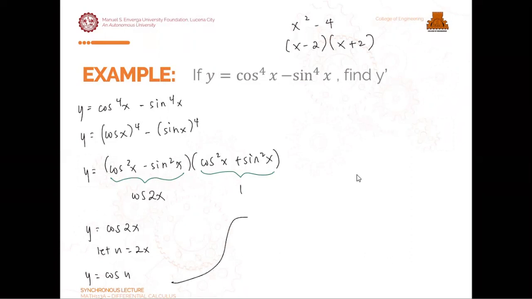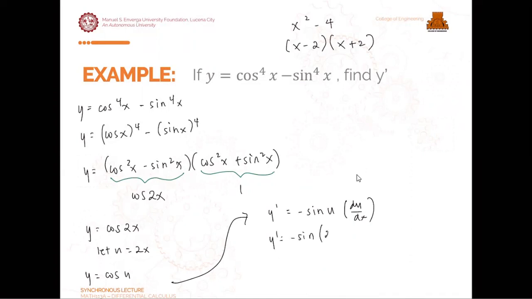So, ngayon, pag nirive natin, y prime is equals to derivative ng cosine ng u, dun sa formula natin kanina is negative sine u, then yung du over dx natin. Okay? So, y prime is equals to negative sine.